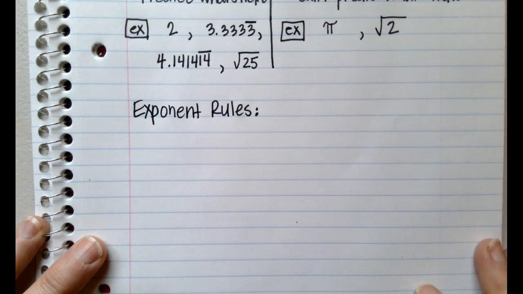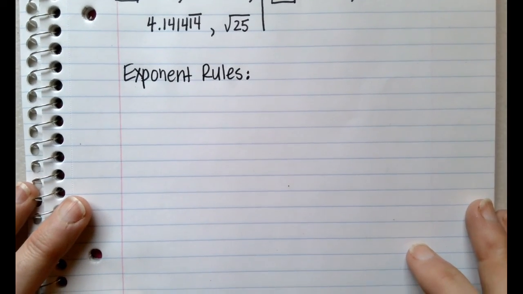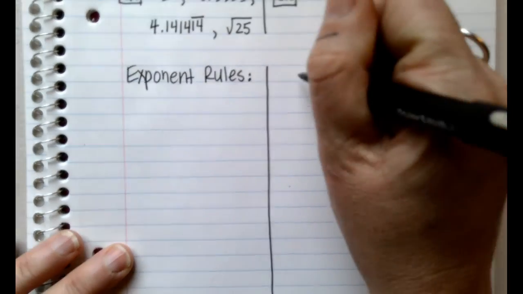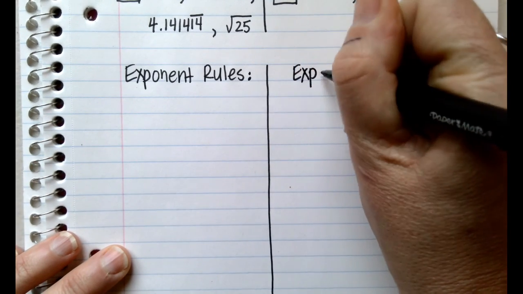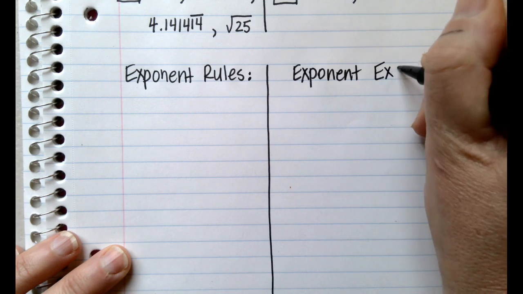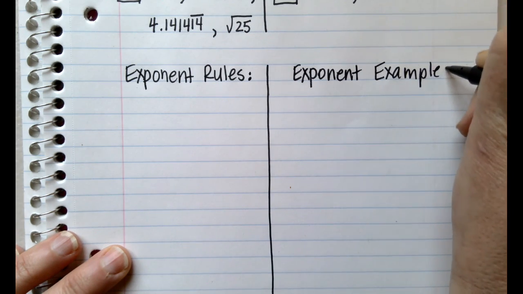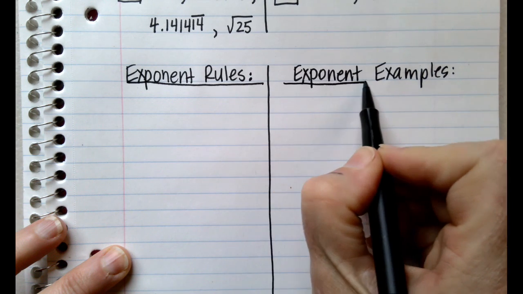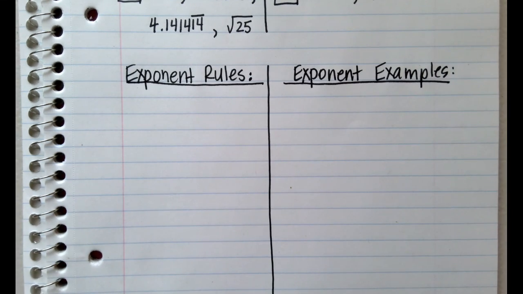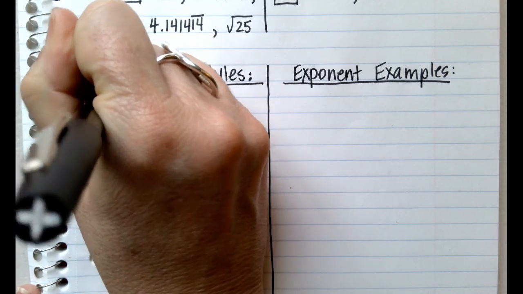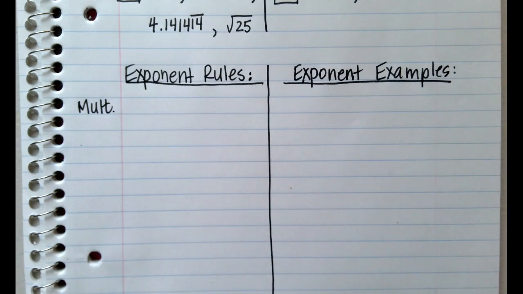And I'm actually going to go the T-chart route, and I'm going to do rules on one side, and I'm going to do exponent examples on the other side. All right, so the first rule that you had, I'm just going to write mult, right? That was your multiplication rule.